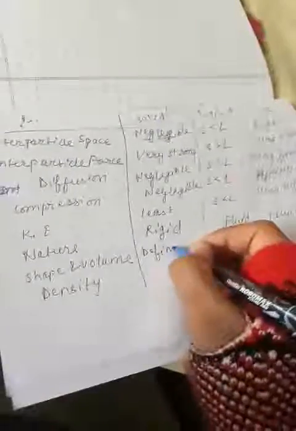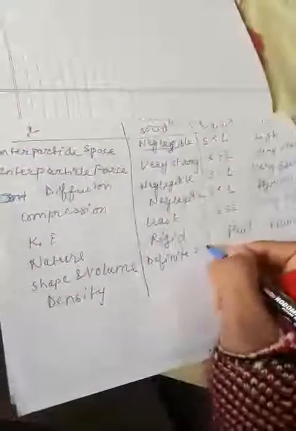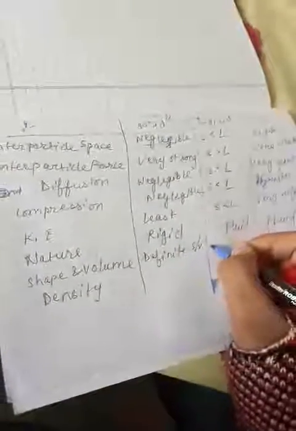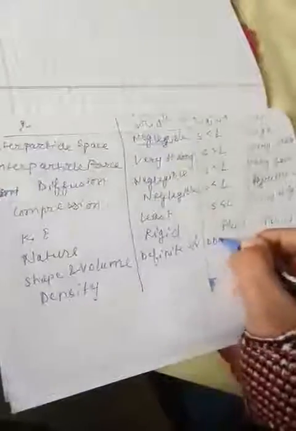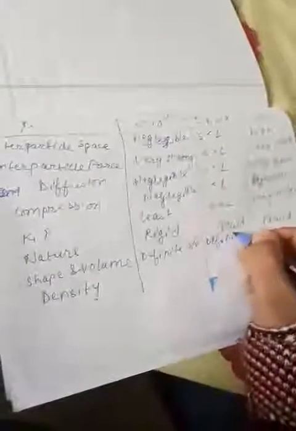Shape and volume: solids have definite shape and volume. Liquids have definite volume but indefinite shape. Gases have indefinite shape and volume both.